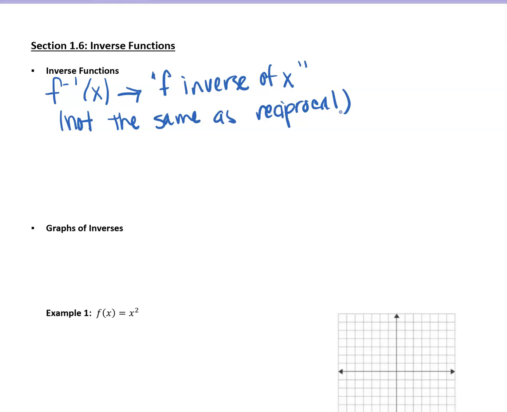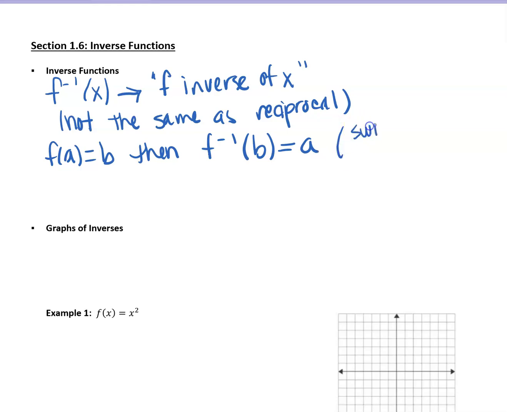Now, when we're asking for the inverse of x, what it means is that if f of a is equal to b, then f inverse of b is going to be equal to a. So in a general sense, we are going to be switching our domain and range. And you may remember some of these inverses from previous math courses.